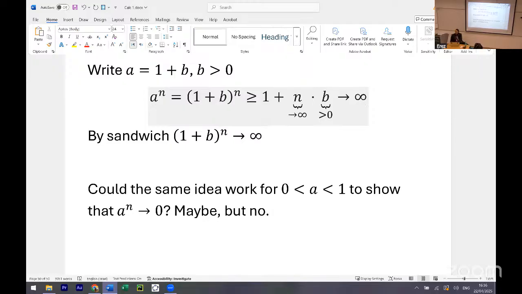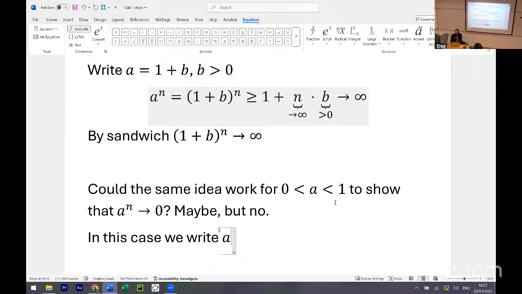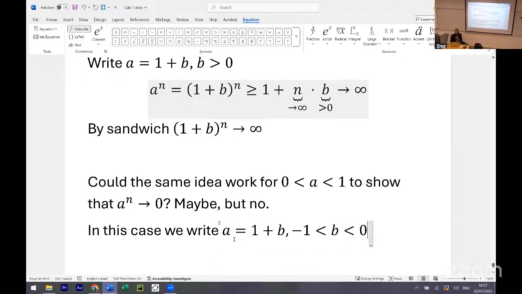In this case, if we write a equals 1 plus b, but now b is larger than -1 and smaller than 0, right? Because if a is between 0 and 1, then a is 1 plus a negative number, but not too negative because a is still positive.